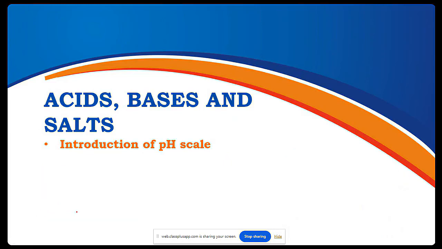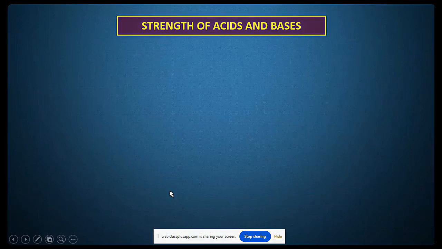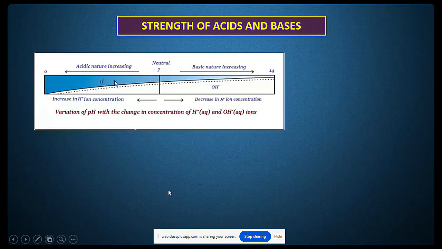Keep it in mind. What is P for? P is nothing but potenz. Potenz in the sense strength of H plus ions, strength of acids and bases. So acidic nature increases on this side because H plus ions are more, and here basic nature is increasing because OH minus ions are more and H plus ions are less.